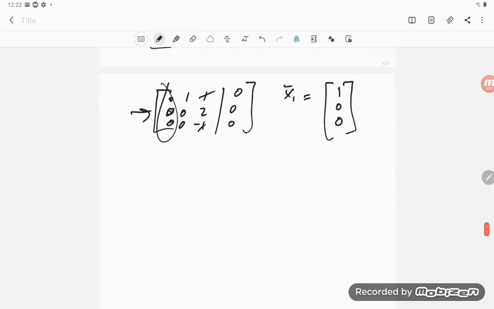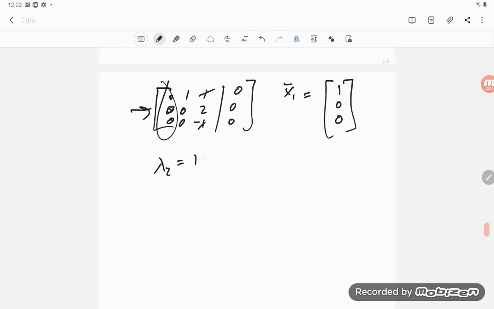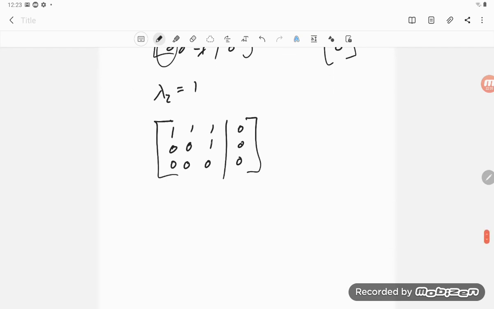So now let's look at our lambda 2 equals 1, and in that case, we get the 2 minus 1, so we get 1, and then 1, 1, 0, 0, 1, and 0, 0, 0 when we subtract 1 down the diagonal, and this is 0 and 0. But now notice what happens when I row reduce this. This 1 down here is going to get rid of the 1 up there, and so our reduced row echelon form is this.